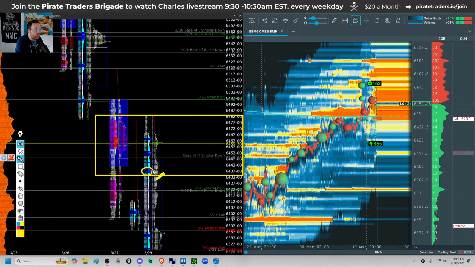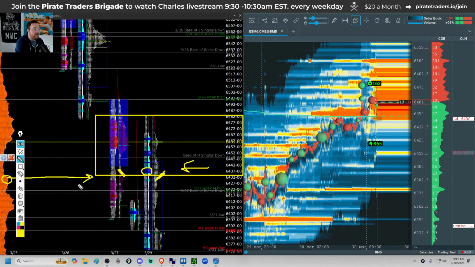You can see there was volume there and time. That became support over the weekend. Interestingly enough, it was resistance in the second half of yesterday, and it is a large cumulative node. So all of that tells me this is an area, right around 64.30s, where something can change in the market.